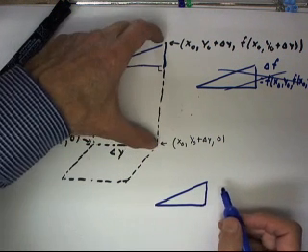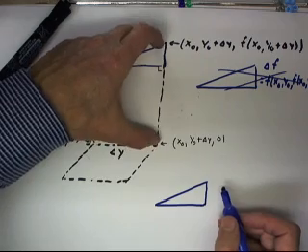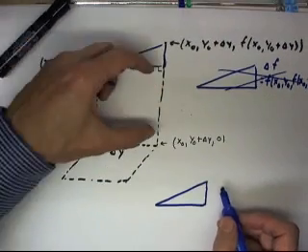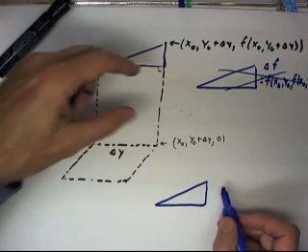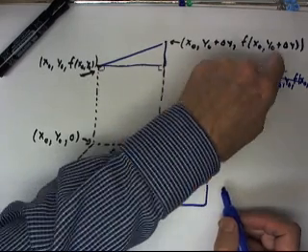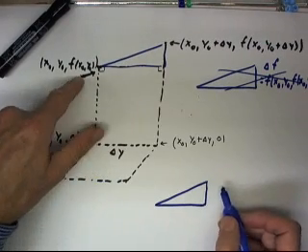Okay. Now, the height of the line here is f of x0, y0 plus delta y. The height of this is equal to the height here, which is f of x0, y0, and the difference here is f of x0, y0 plus delta y minus f of x0, y0.